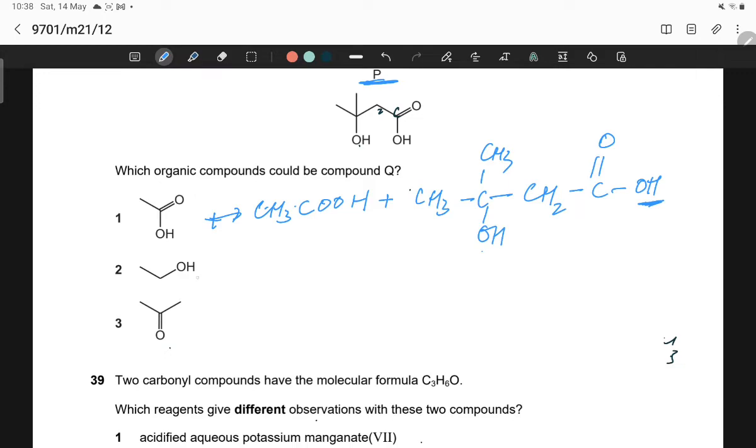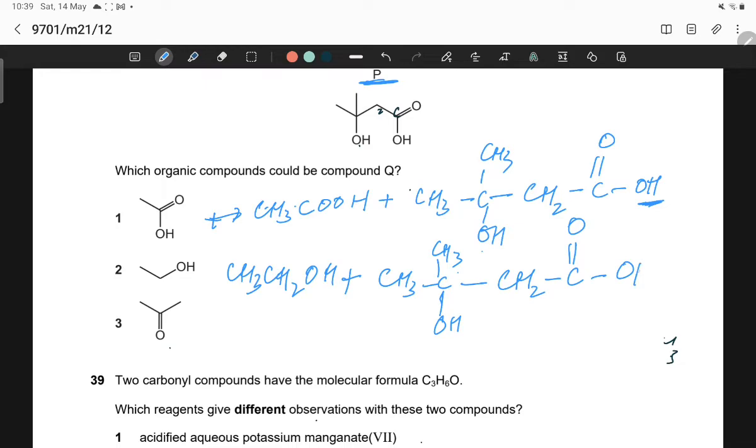So CH3CH2OH plus CH3COOH. H and OH combine, water is formed, and this OH when reacted with sodium forms ONa and hydrogen gas, so effervescence of gas can be seen.